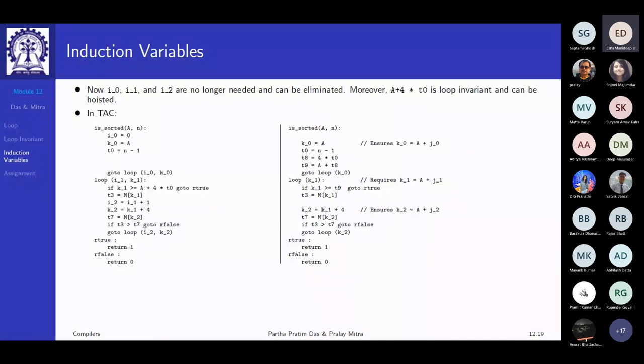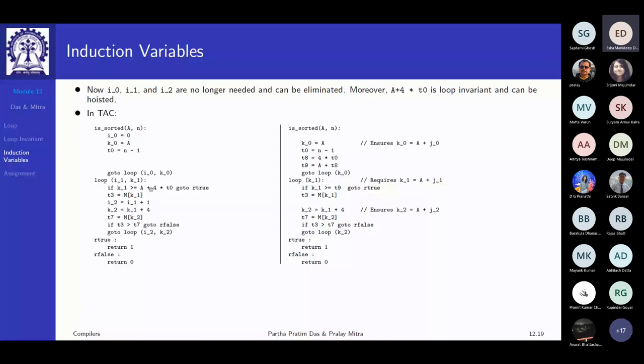So by neededness, I can get rid of I. I also observe that A plus 4 star T0 is a loop invariant, because T0 I already have as a loop invariant. So by combination, 4 star T0 is loop invariant. Again, A is a constant. So A plus 4 star T0 is a loop invariant. So this whole thing is a loop invariant.